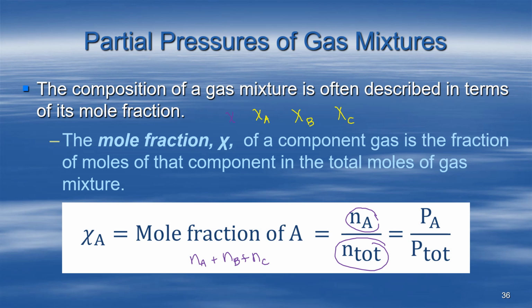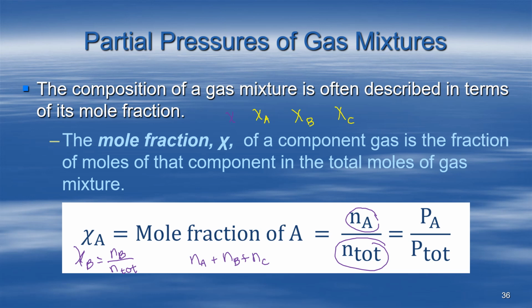So the mole fraction of A is the moles of A divided by the total moles, which is the moles of A plus the moles of B plus the moles of C. The mole fraction of B is the moles of B divided by the total moles, and the mole fraction of C is the moles of C over the total moles. They all add up to 1.